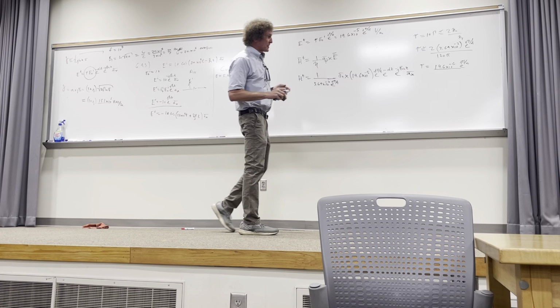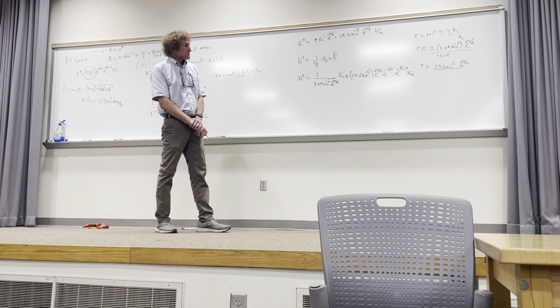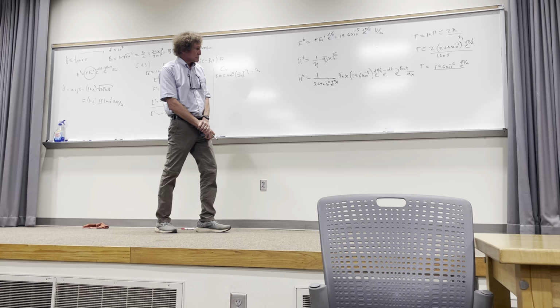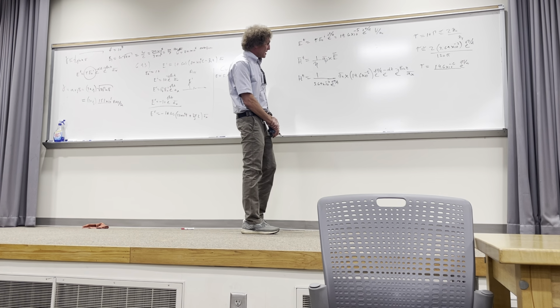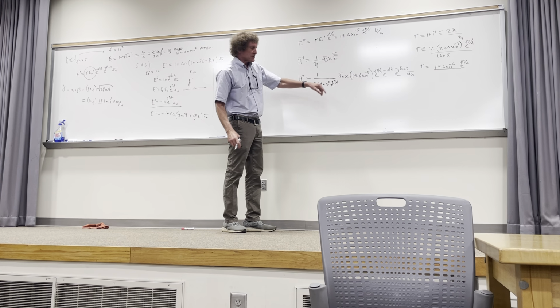Now, I put the whole thing there to make sure you see what's going on. You with me? Okay. So, I didn't put the alpha and beta in here, but I want to just show you something.